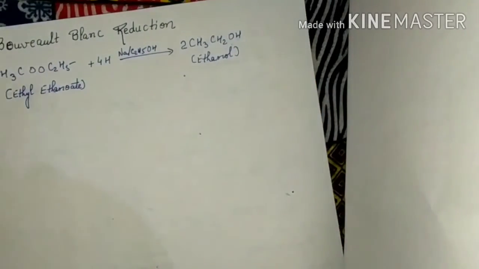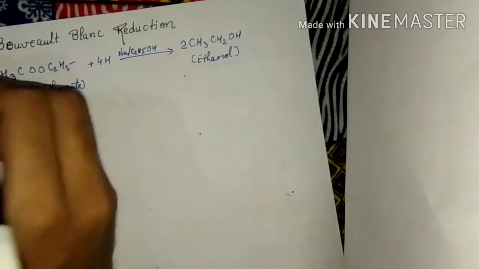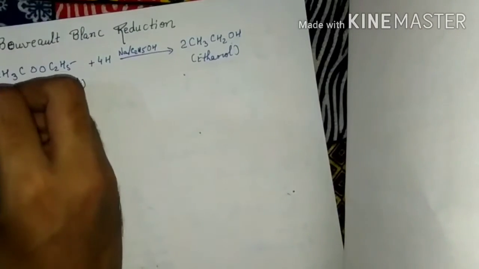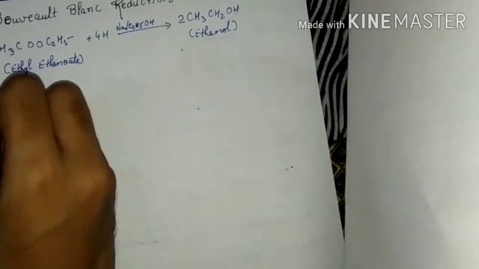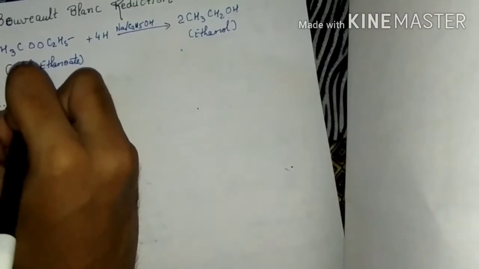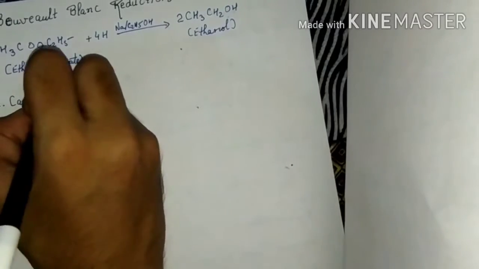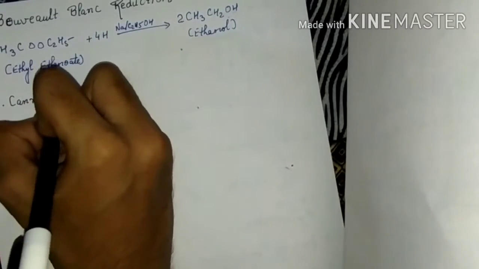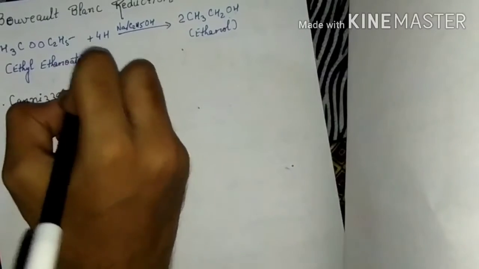The next reaction is one of the most important reactions that I have ever come across. It is the Cannizzaro reaction. You might have heard its name from someone. Cannizzaro reaction.